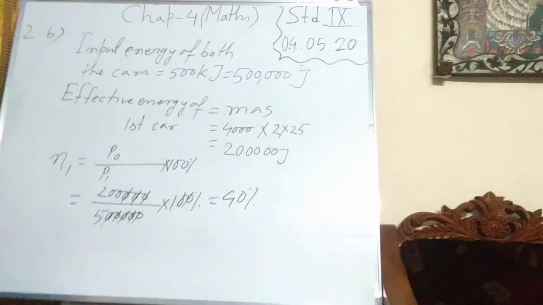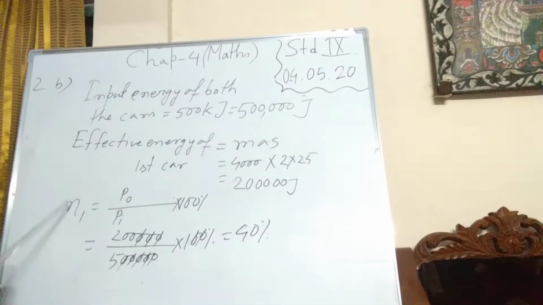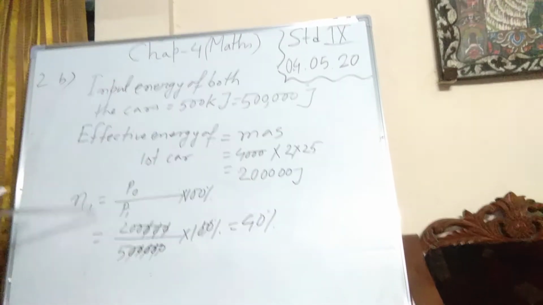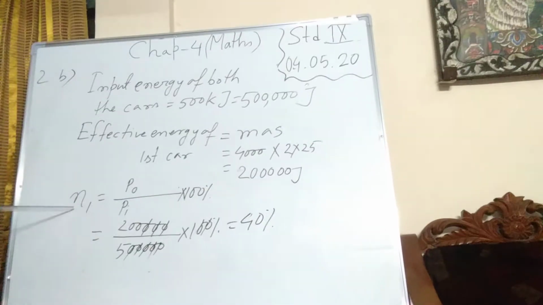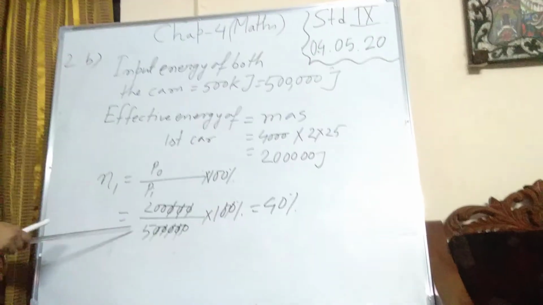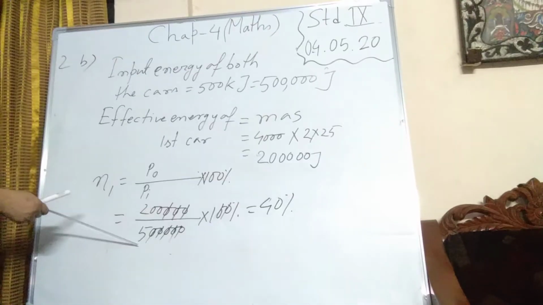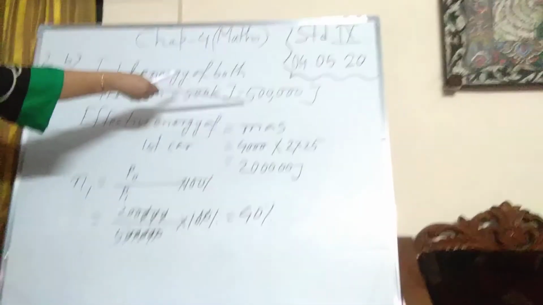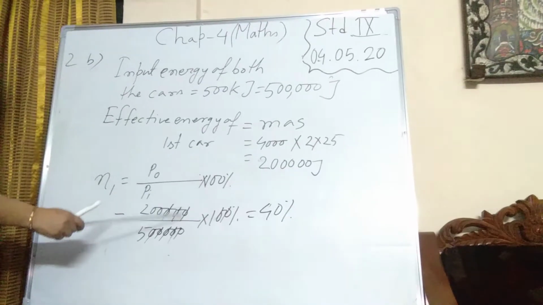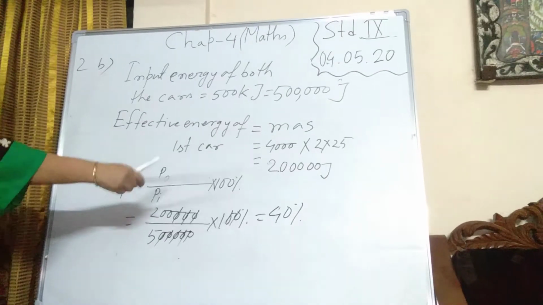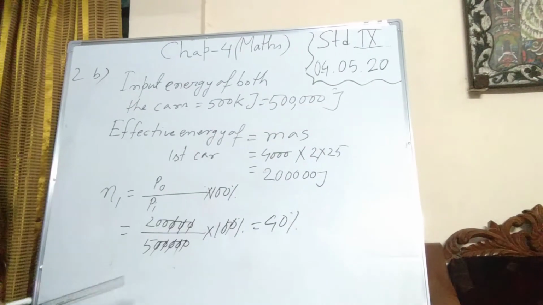That is the effective energy. Now we will find out the efficiency of the first car. Efficiency equals, as usual, P output by P input into 100%. By putting in all the values, we get the efficiency of the first car is 40%.